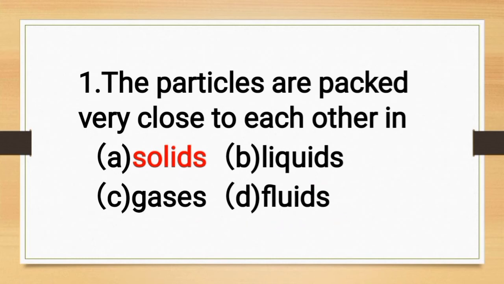Answer is option A, solids. As you know, chair and book are examples of solid, and solids are substances in which the particles are packed very close to each other, and therefore they are hard in shape.